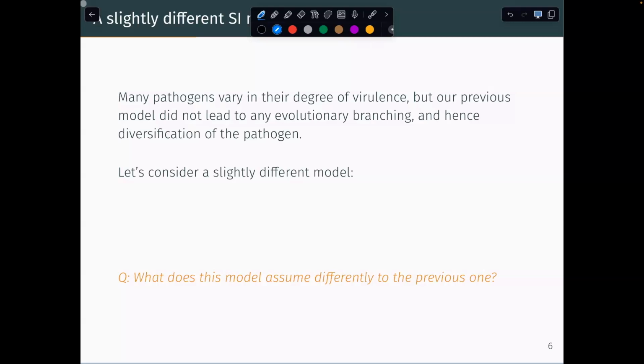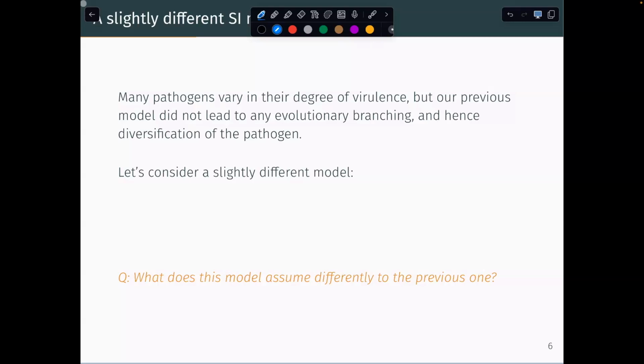And sometimes these strains are able to coexist with each other. But our previous model basically just said there's one optimal level of virulence. And of course, for something like COVID-19, there are other reasons why they might be able to coexist. So we'll just get that off the table to start with.